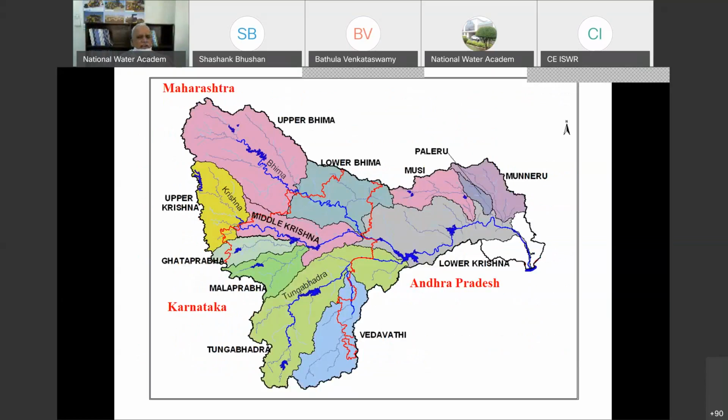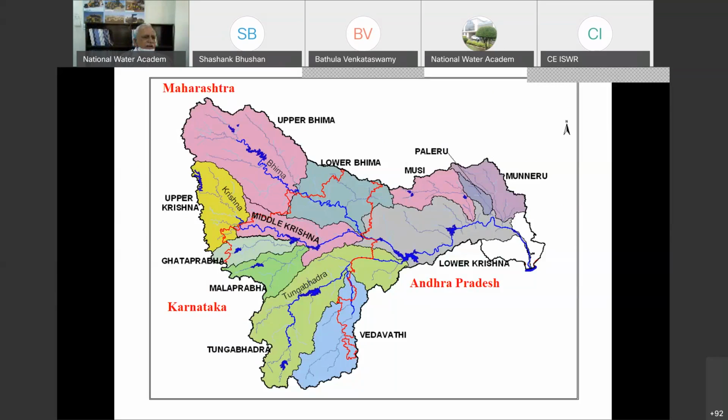Now we are seeing the entire Krishna basin before you. There are several sub-basins. Considering geographical area and all that, it was proposed that the entire Krishna basin be divided into 12 sub-basins.